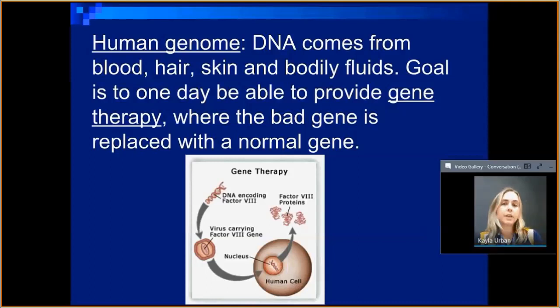So the goal is one day, by studying all of that, to be able to provide gene therapy where the bad gene is replaced with a normal gene. If you have a gene that is broken somewhere, if we can replace that with a functioning gene, then the hope is that that fixes the problem of whatever's going wrong.